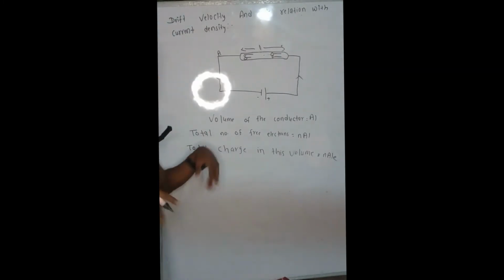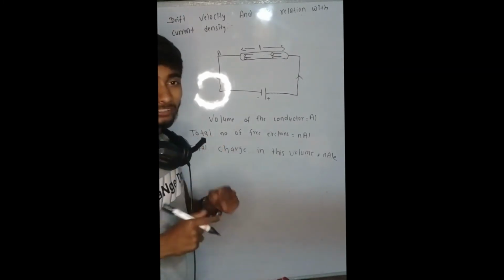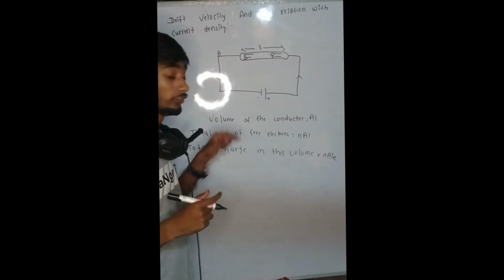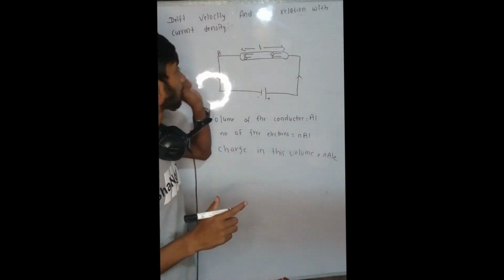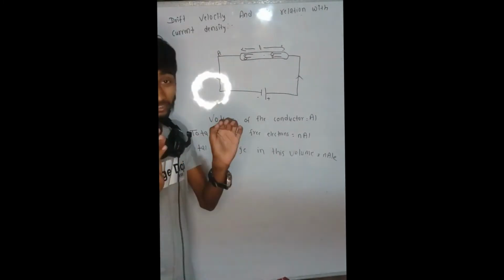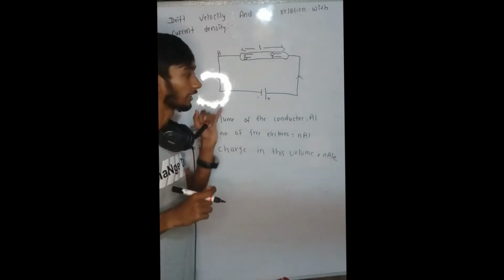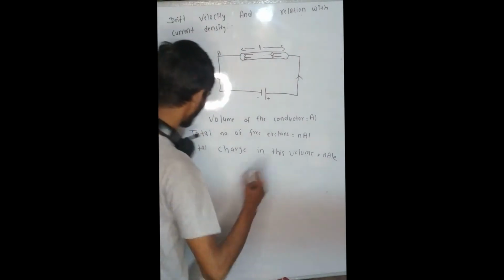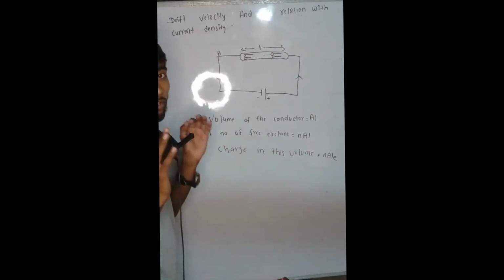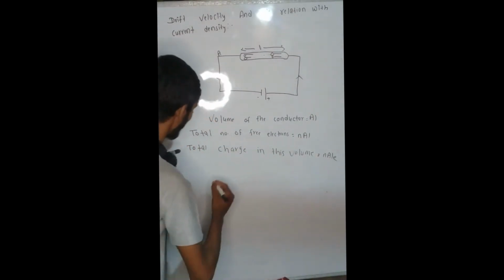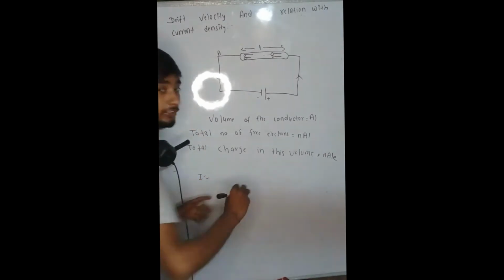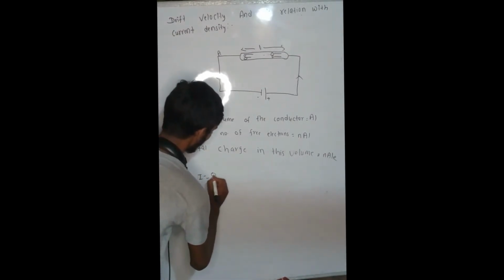Now when we connect a battery across the conductor, the current flows through L, and let us consider Vd as the drift velocity in it. Now the current flowing through the conductor becomes I equal to Q by t.